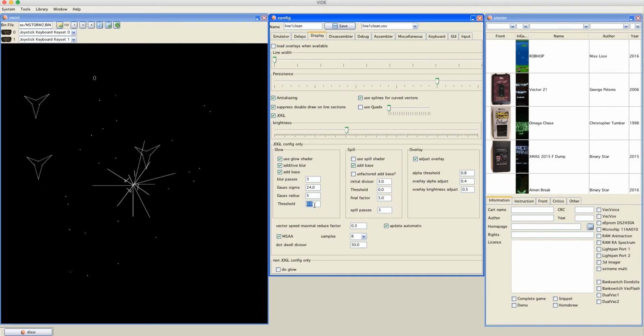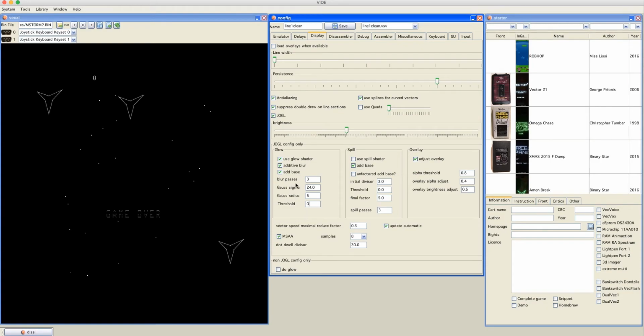This is a threshold of actual brightness data that the shader should transform. So you can say only brightness values higher than 0.8 or something like that should be transformed, should be used. Most of the time I leave that at 0, so all data is processed, but you can play with that.